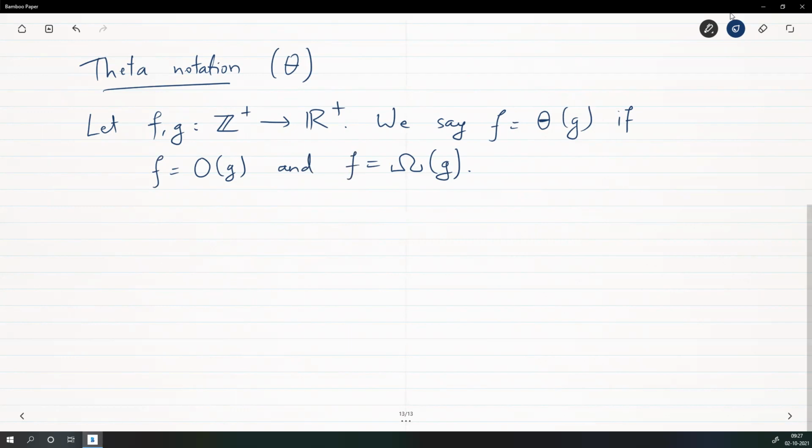Okay. What does that mean? If you open up the definitions, you need constants in big O and big omega. The main thing is these constants need not be the same.